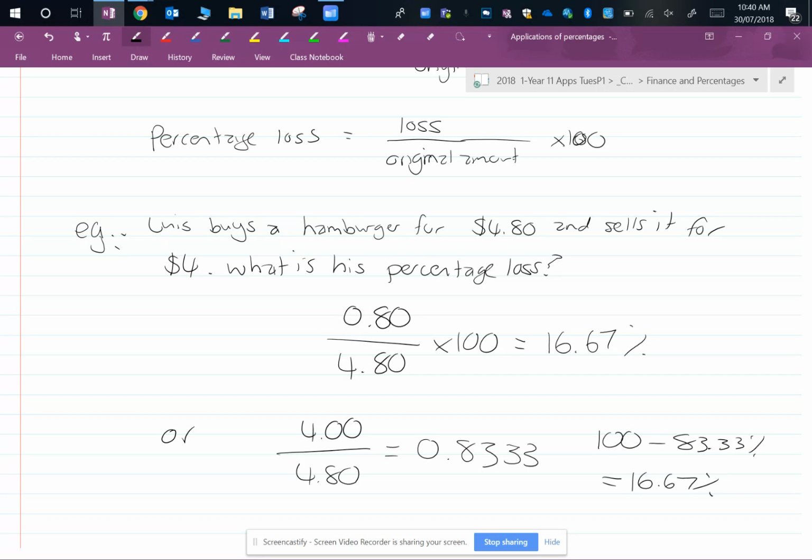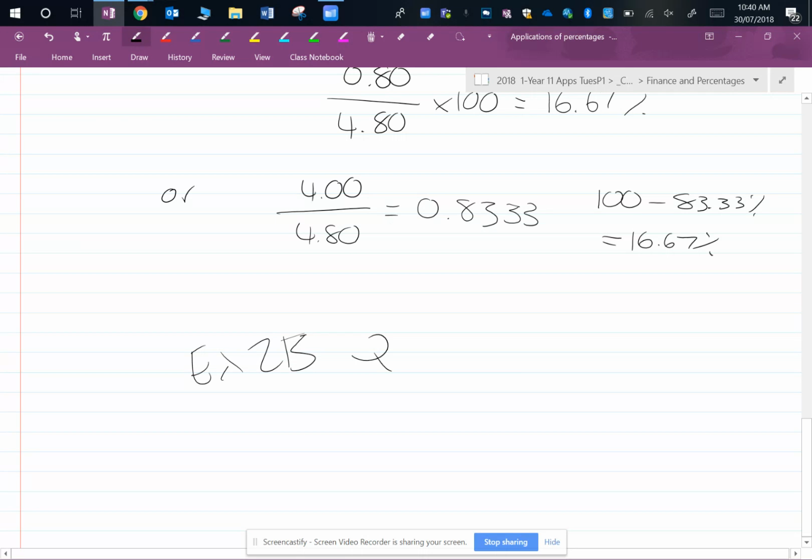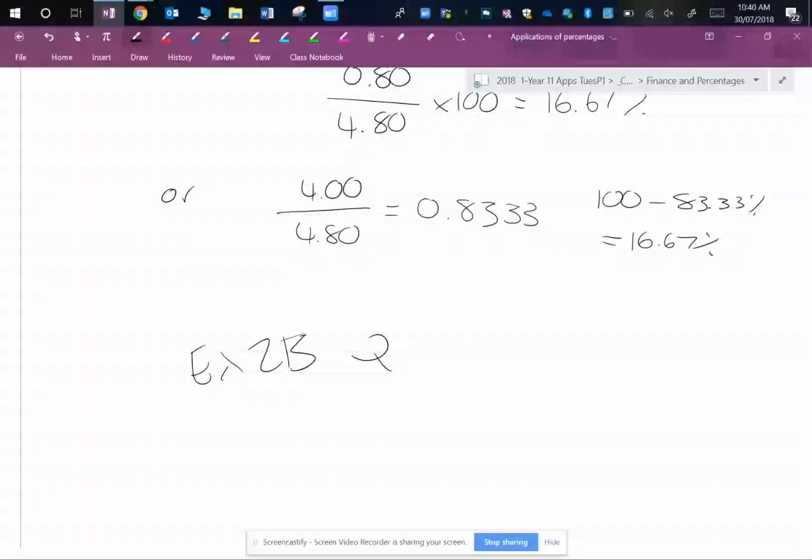Any questions? All right, we have now finished chapter 2, but we've got quite a lot of questions to do. I would like you to work on them tonight and we'll do some tomorrow as well. And then we're going to move on to simple interest. So there's a few different questions to do. So exercise 2B, question 1 only.